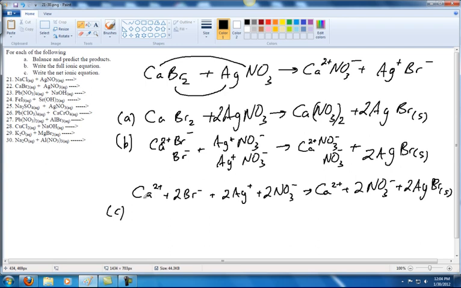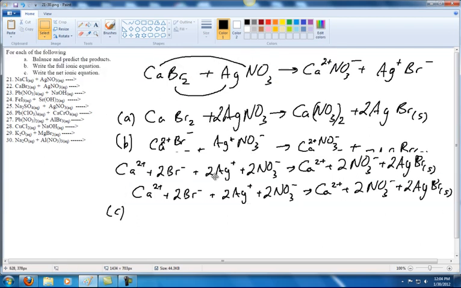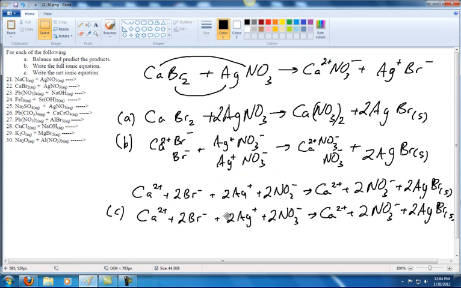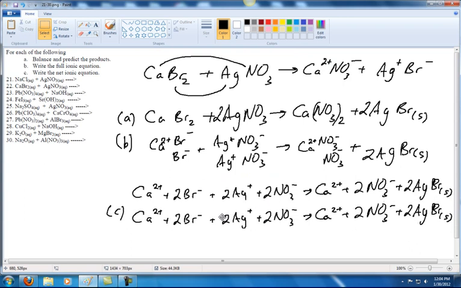For part C, I'm going to copy what we got for part B. And now I'll draw the net ionic equation, and I'll do that by getting rid of anything that appears exactly the same on both sides.